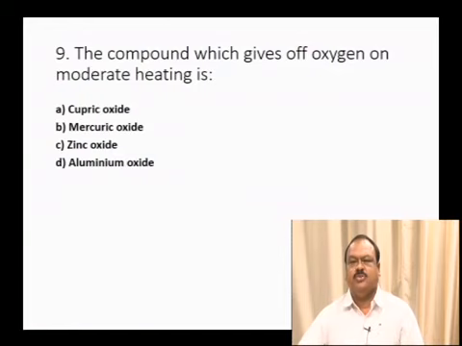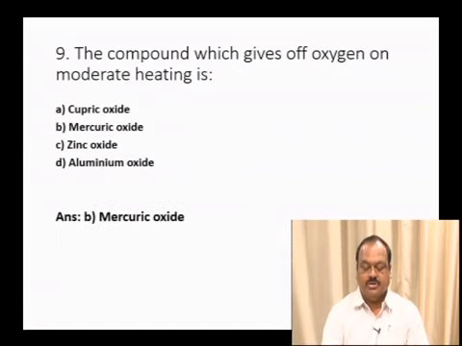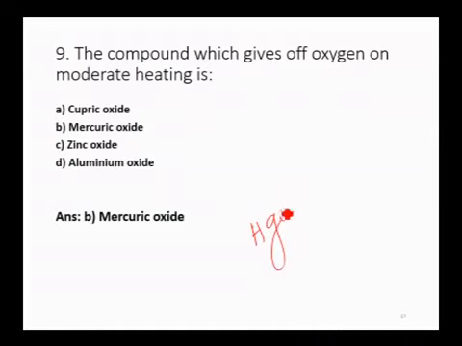That is, suitable answer is mercuric oxide, whereas cupric oxide, zinc oxide, aluminium oxide need reducing agents to separate the oxygen from those metal oxides. At very low temperature, mercuric oxide produces oxygen as per Ellingham's diagram.